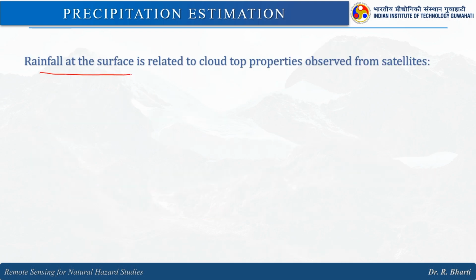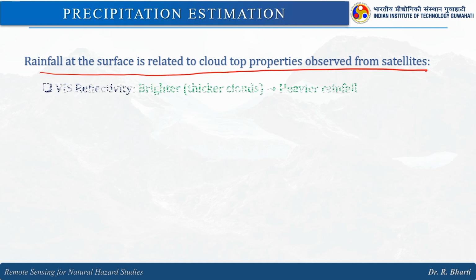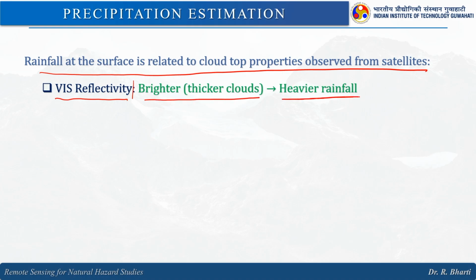Rainfall at the surface is related to cloud top properties observed from satellites. So, we will see how these remote sensing data sets are an indicator of precipitation. When we talk about the visible reflectivity, if we use this data, a brighter or thicker cloud will lead to heavier precipitation.